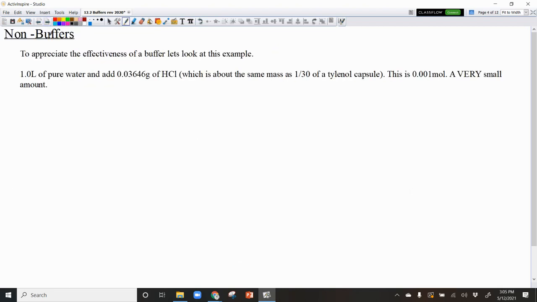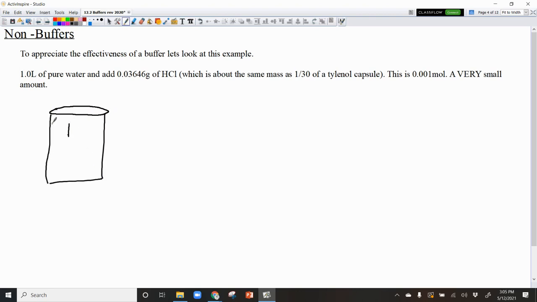All right, so let's look at non-buffers. To appreciate the effectiveness of a buffer, we're going to calculate the pH of a non-buffered solution. And then as we go through this section, we'll come back and compare that to the buffer solutions that we have. So let's just say we have a beaker of water.